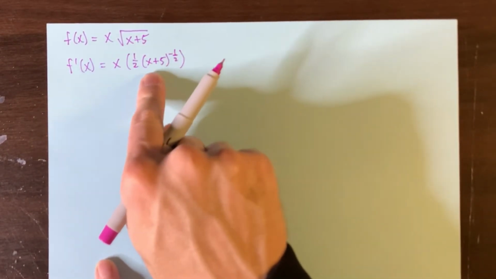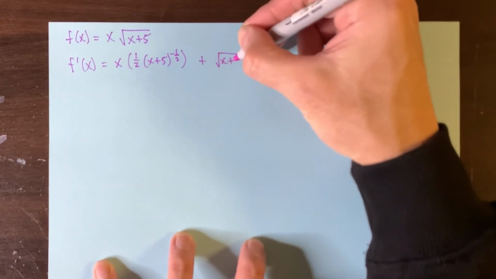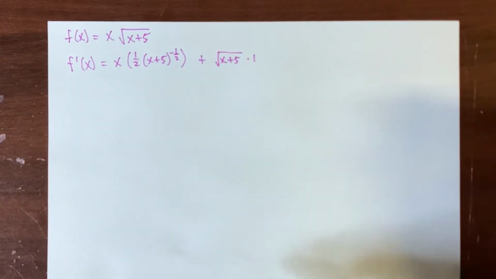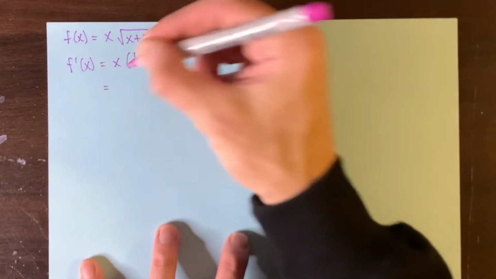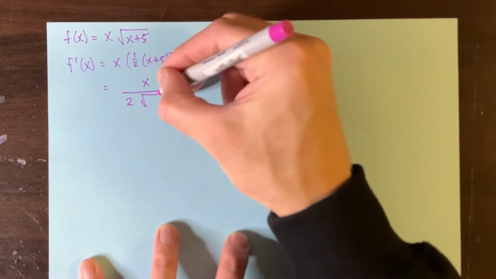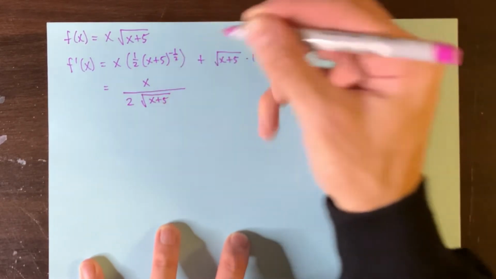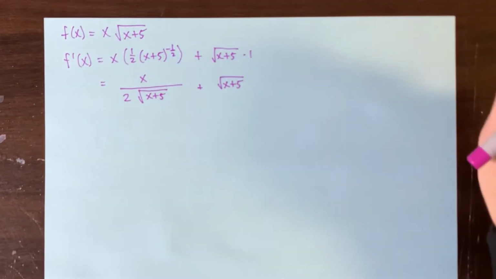Plus the second piece times the derivative of the first piece. So that's the first derivative. If you want, we can clean this up a little bit. We can call this x over 2 square root x plus 5 plus square root x plus 5.